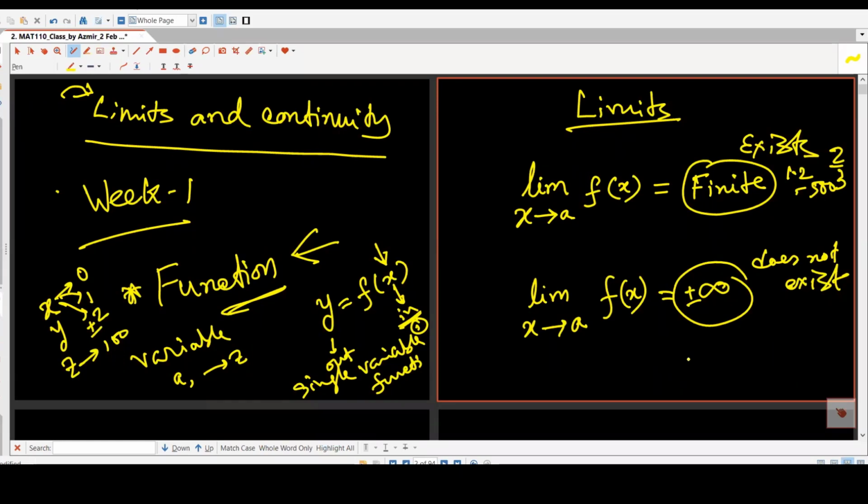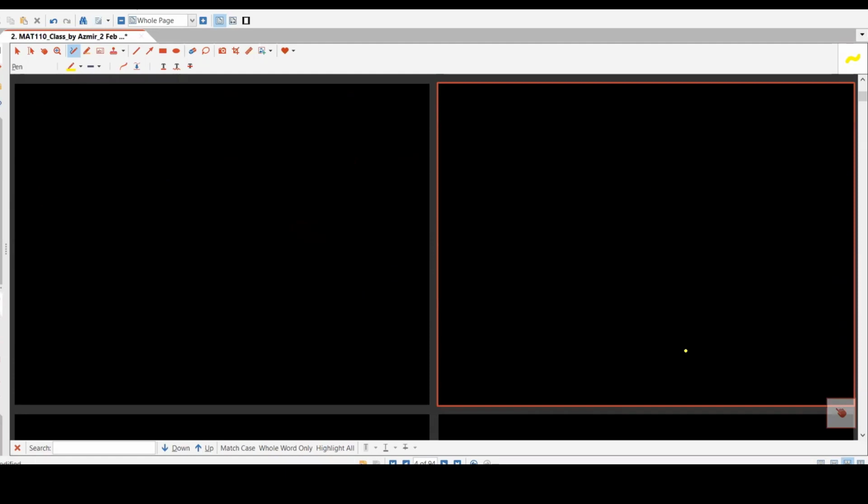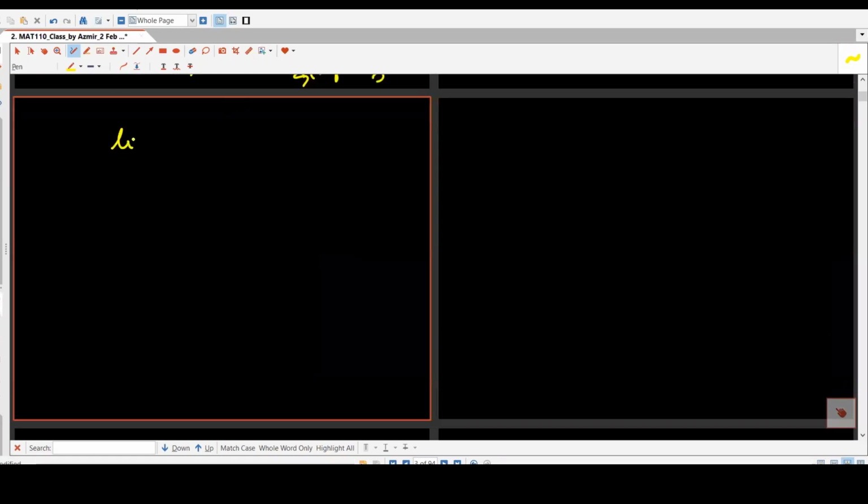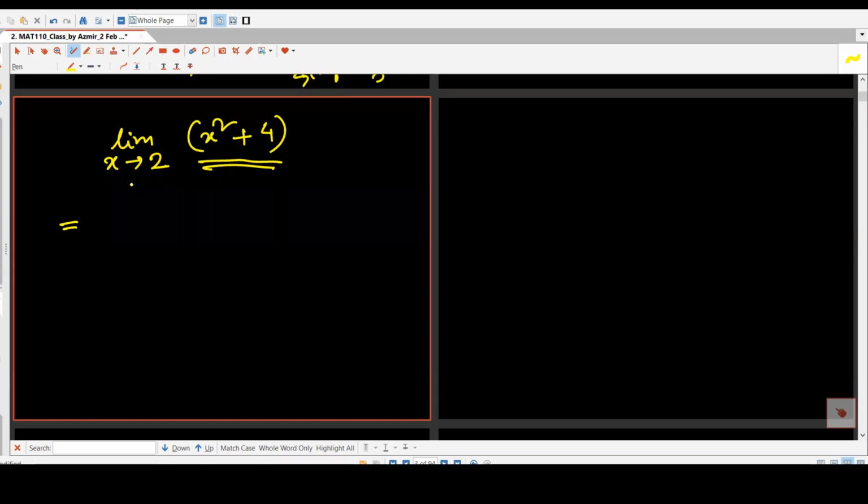Now we can take some examples. Suppose we have limit x approaches 2, x squared plus 4. We want to evaluate the functional value when x is approaching 2.